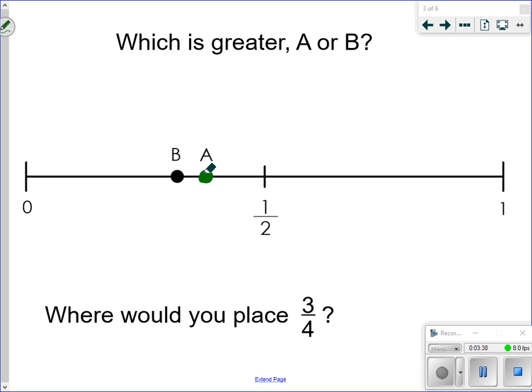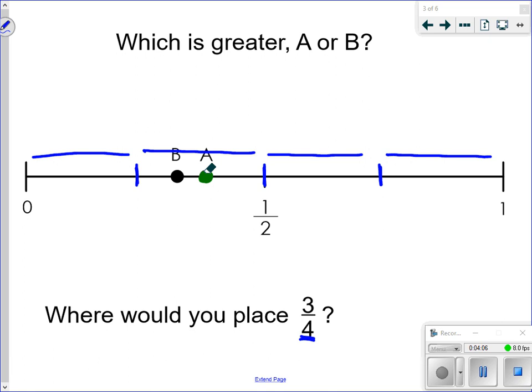Where would you place 3/4 on this number line? Well, 3/4 means that I need to have my number line split into 4 equal parts. If this is half, then I could split each of those sections in half again. And now my number line has been split into 4 equal parts, right? This part, this part, this part, this part, 4 equal parts.